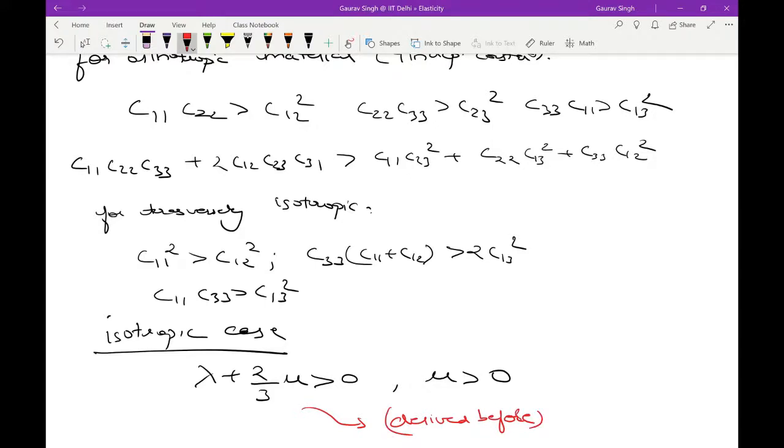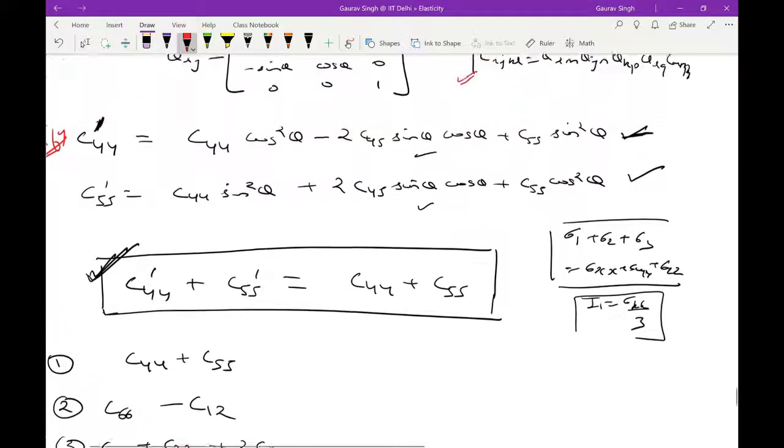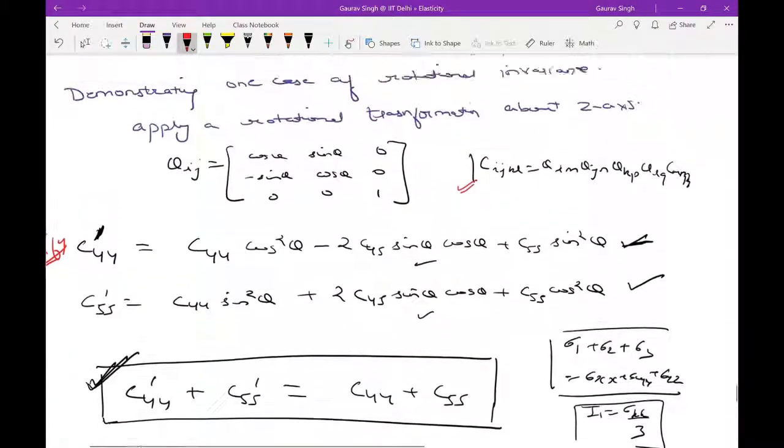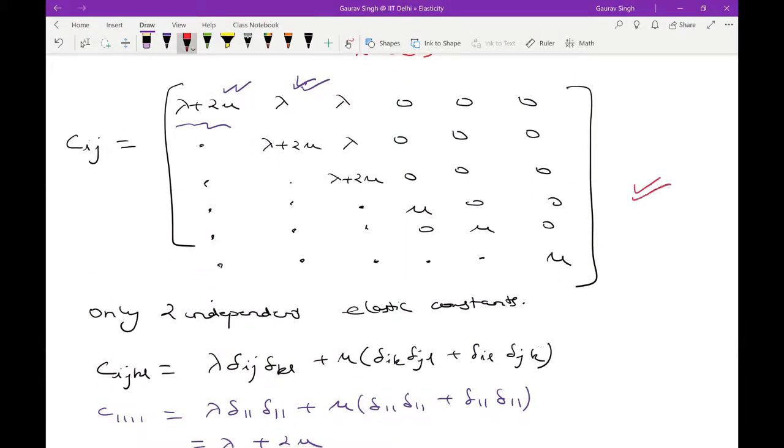Because the logic which you had used earlier was the positive definiteness of the strain energy density, and you are doing exactly the same thing over here, so you cannot expect a new answer. You are just using a different method because you started off with a more generalized form. But if you start out with this particular form, you get the exact same result.